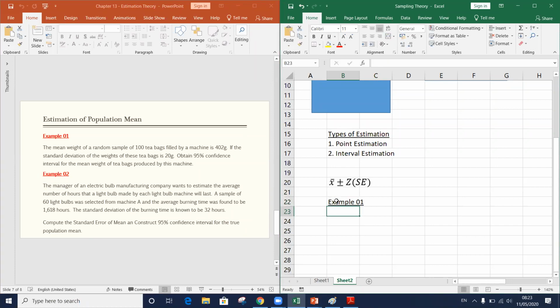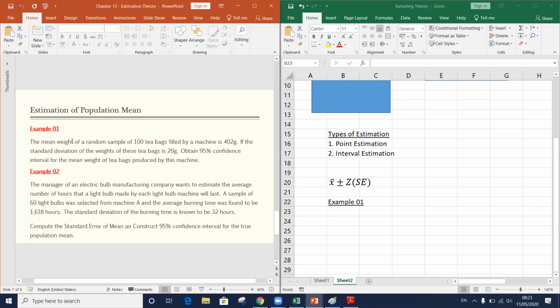Example number 1, right? What it says, example number 1 වල මොකද කියන්නේ? The mean weight of a random sample of 100 tea bags filled by a machine is 402 grams. Sample size එක 100යි. ඔය sample ඔය 100ට අදාළ mean value එක gram 402යි.